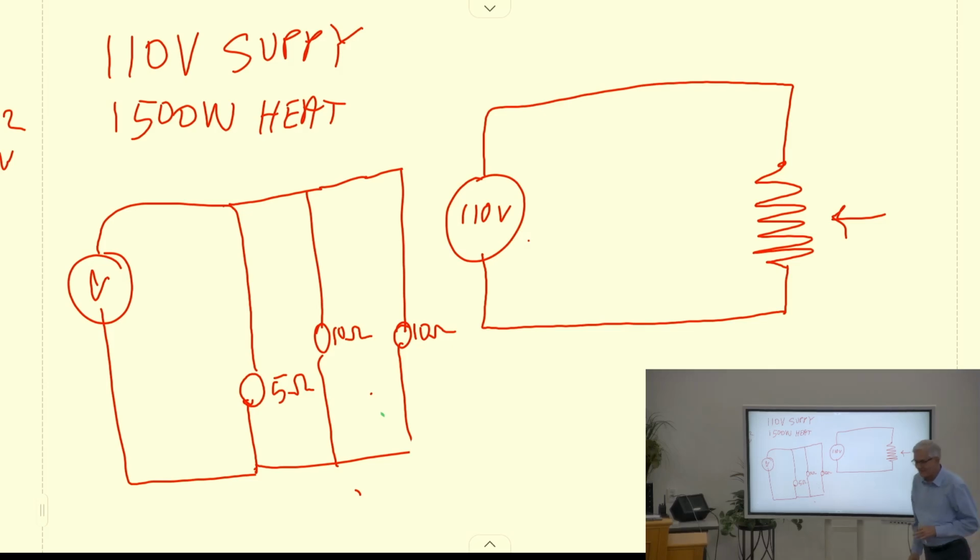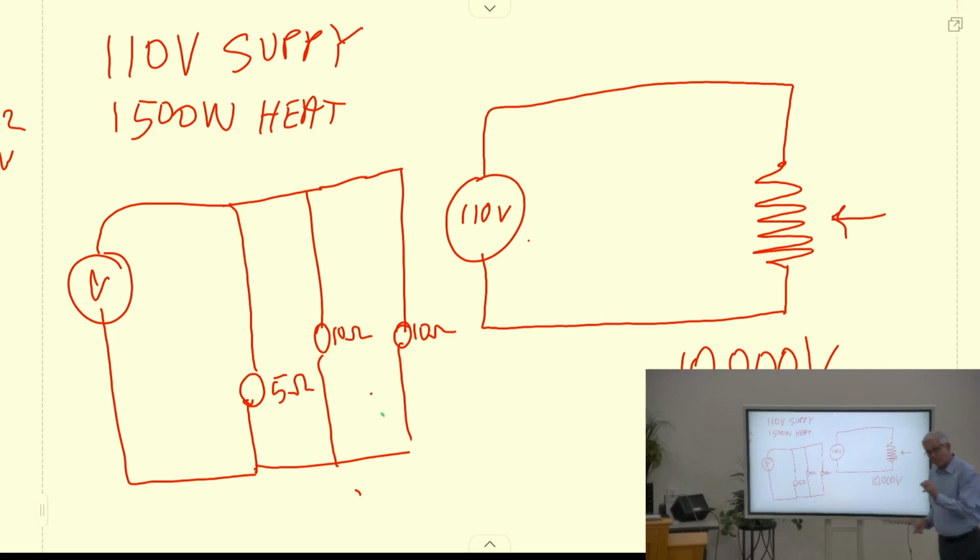Because in order to move high amounts of power, you don't want conductors the size of your arm, so you want high voltage. If I have a 10,000 volt source with 1 amp, I can move 10,000 watts with 1 amp.